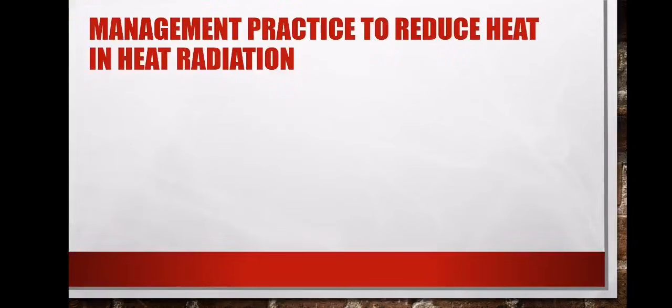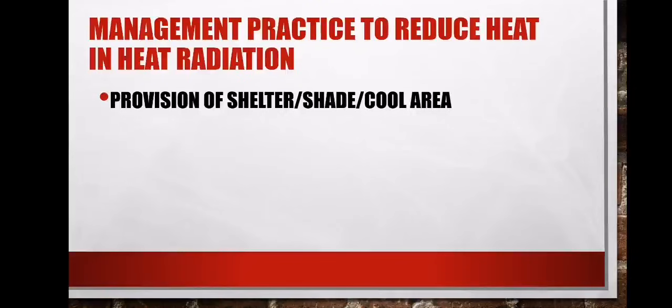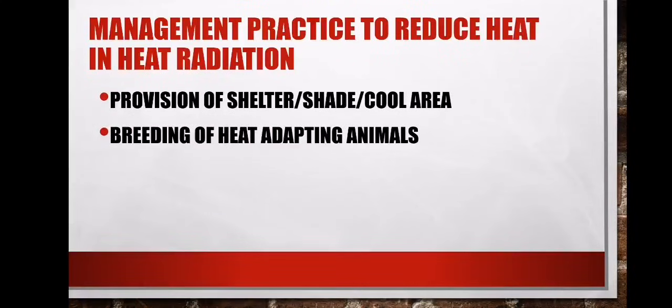Let's also look at how we can manage this. How can we reduce heat in heat radiation, or even in any of them? One, you can provide shelter. One of the reasons for shelter is to reduce the extreme environmental conditions. So if it's hot, provide shelter or provide shade, so that the animals go under the tree and try to control their temperature.